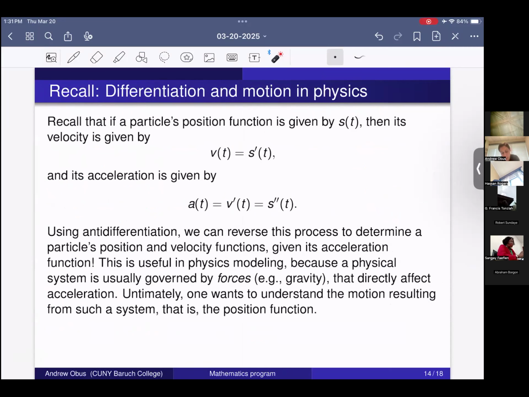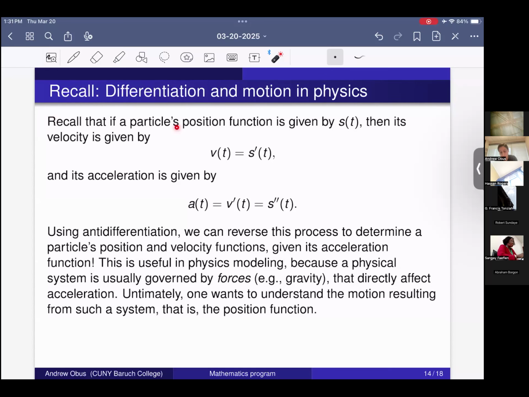Let's recall that when we started doing calculus, we talked about the derivative as having two interpretations. One was the tangent line interpretation, and the other was velocity. We did this back in the fall.